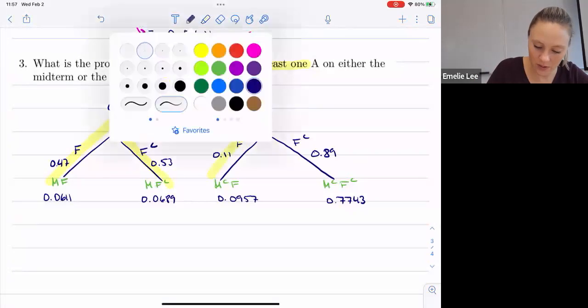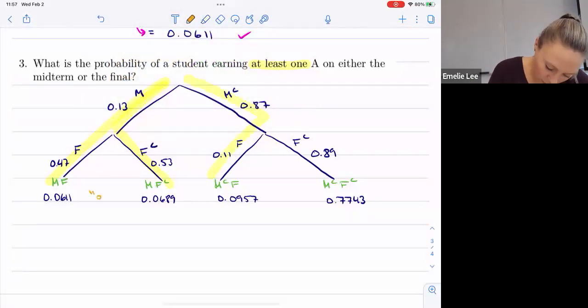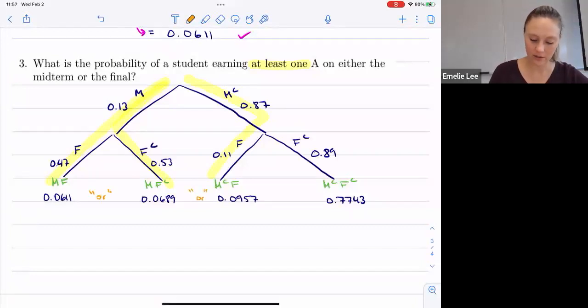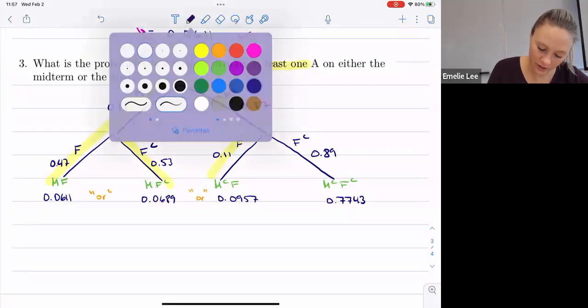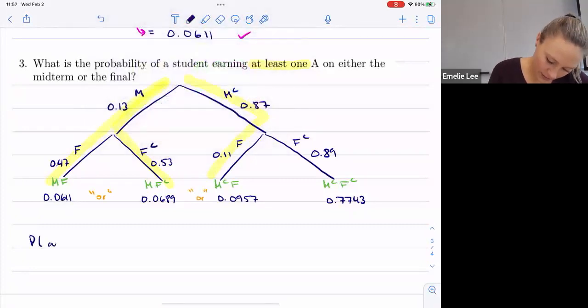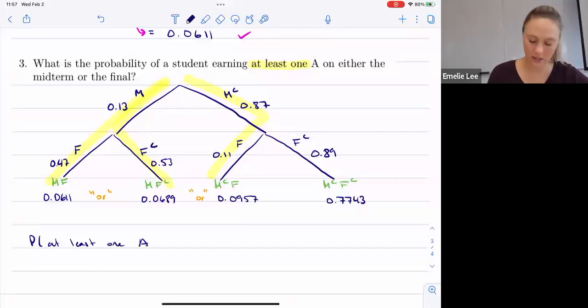So as soon as I'm saying or, and then or this branch, then I'm going to have the probability of at least one A, and you can just write it out in words. It's really hard to write that out symbolically, so I just write it out in words, and that's fine.